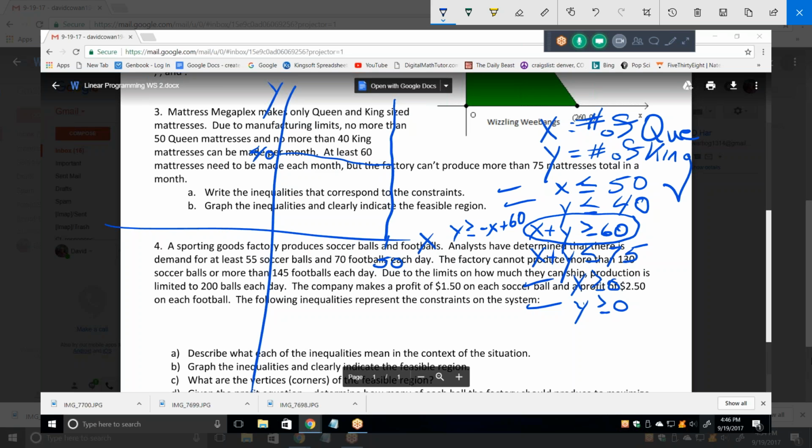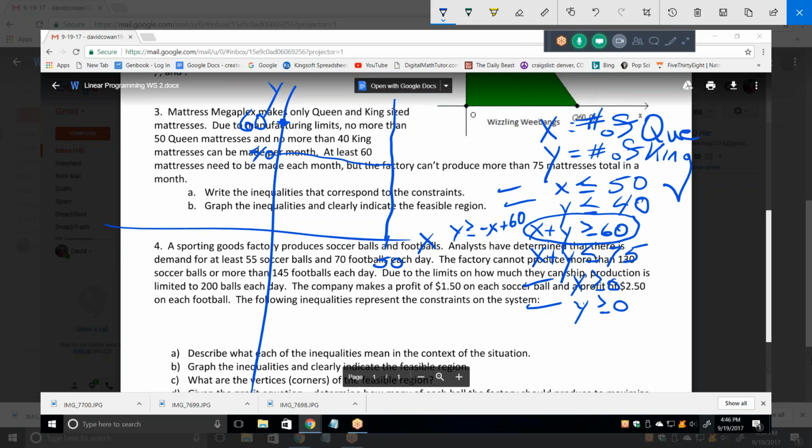Okay. Now we know how to graph that. Where do I start? So at positive 60 on the y-axis. So that's one part of my line. Where's the x-intercept?